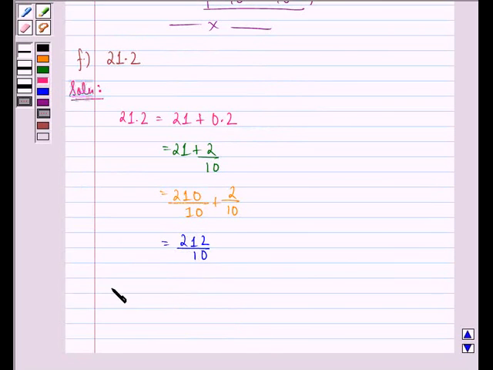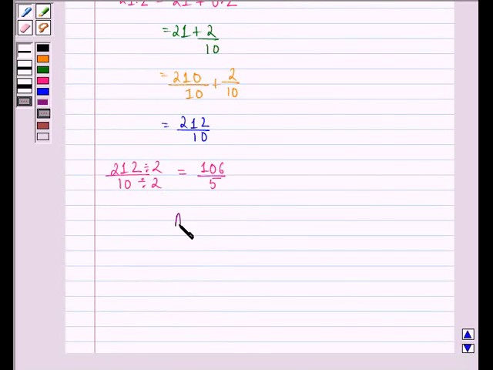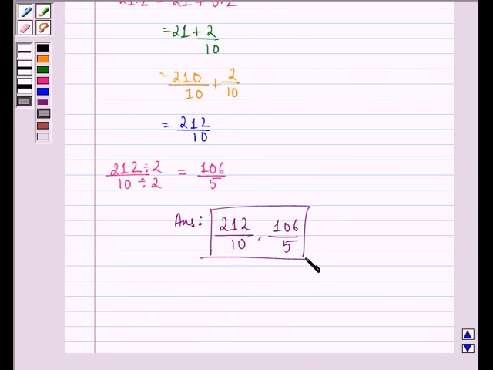Now if we divide the numerator and denominator of 212 by 10 by 2, we get 106 by 5. So our answer to this question is that the fractional form of 21.2 is 212 by 10 and the reduced form is 106 by 5. So this is our answer to this part of the question.